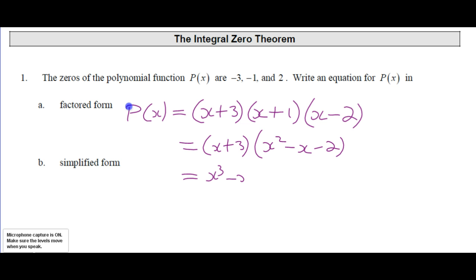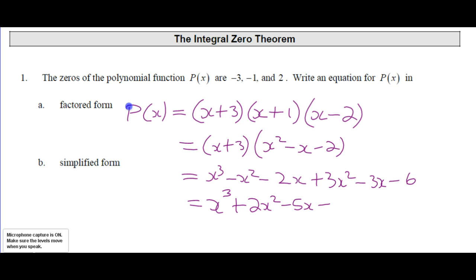X cubed minus x squared minus 2x plus 3x squared minus 3x minus 6. And collecting terms, we get x cubed plus 2x squared minus 5x minus 6. That's the simplified form, right? And simplified form of what? Of p of x.